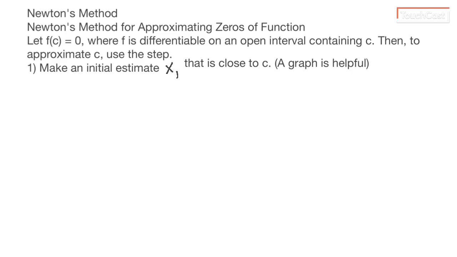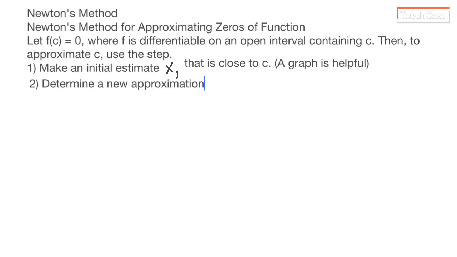Once you've made that estimate, in step 2, determine a new approximation. We can use the following recursive formula, and I'll show you how we derive this formula in a minute.